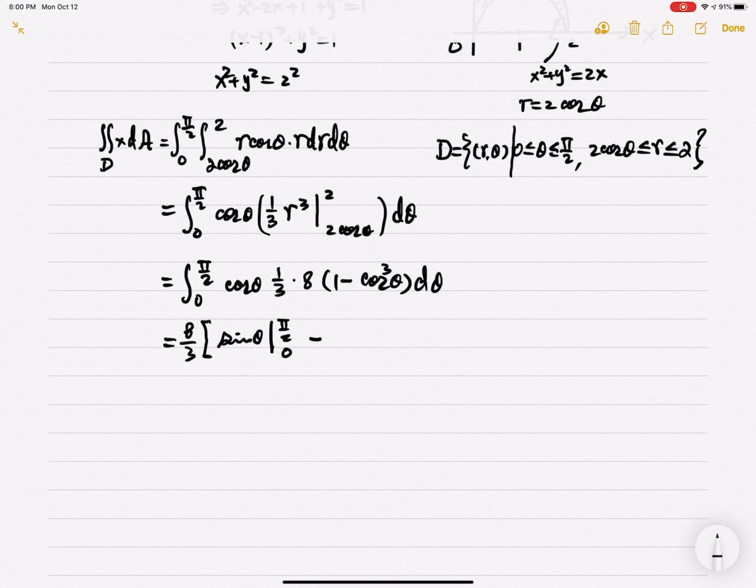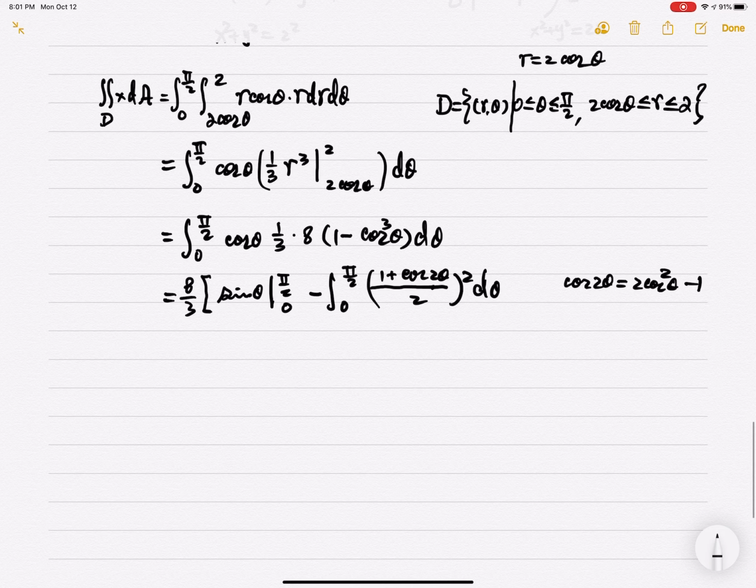And then minus, 0 to pi over 2 of cosine to the fourth. We can write cosine to the fourth as cosine squared, squared. Cosine squared is 1 plus cosine 2 theta over 2, d theta, because cosine 2 theta is twice cosine squared theta minus 1; add 1 to both sides and divide by 2.